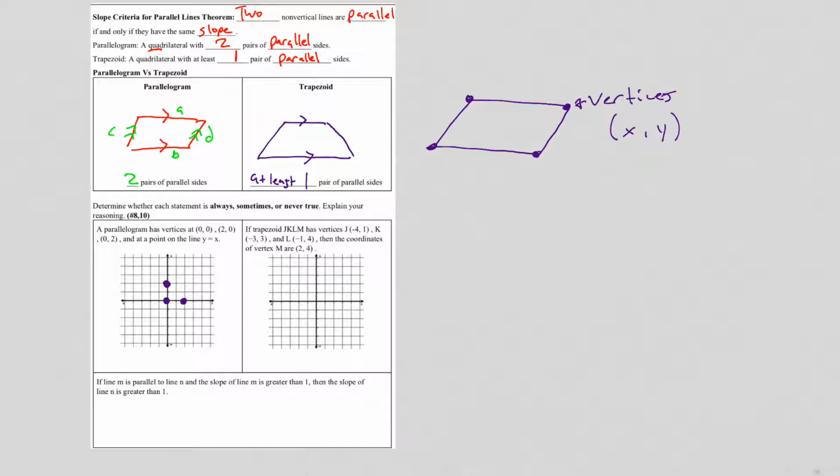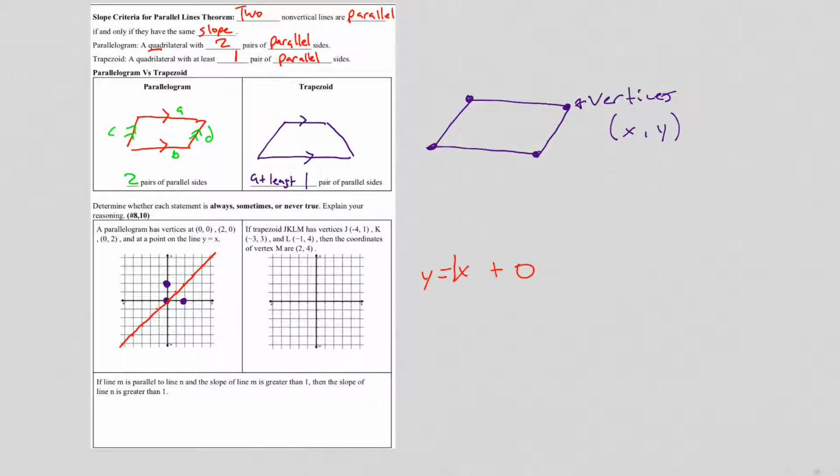And a point on the line y equals x. Well, y equals x has a slope of 1 with a y-intercept of 0. So that's going to be basically this line running through the origin. This is y equals x. So hopefully you can tell that the fourth vertex of this parallelogram, basically the fourth corner, right?